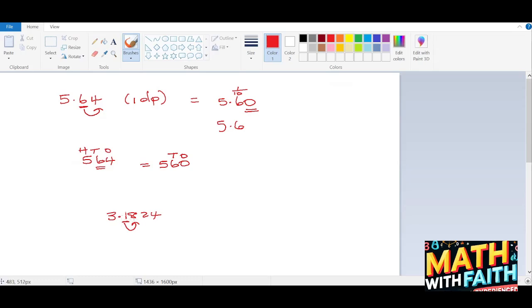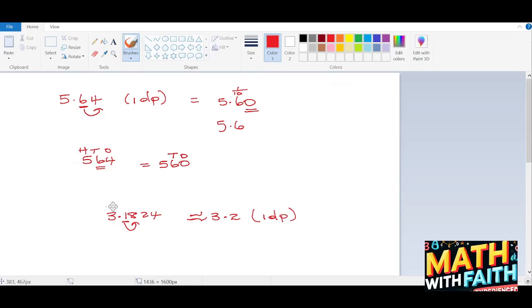If it's 5 or more than 5, we must increase it by 1. It's 8. So it has to increase by 1. So this is approximately, and we'll put the approximate sign this time, 3.2 to 1 dp.